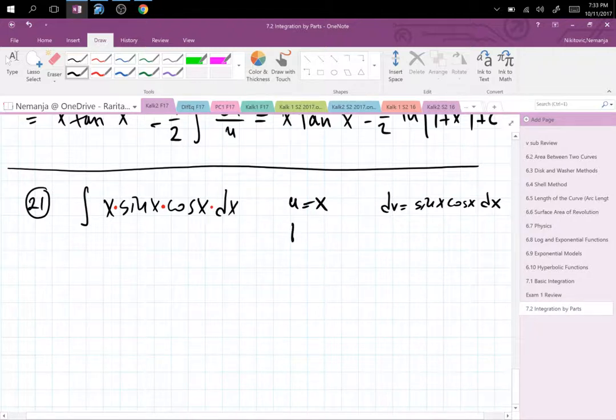Now when I differentiate, du is dx. And over here, how do I integrate this? U sub. Yep, basic U sub. So there's a U sub within by parts.